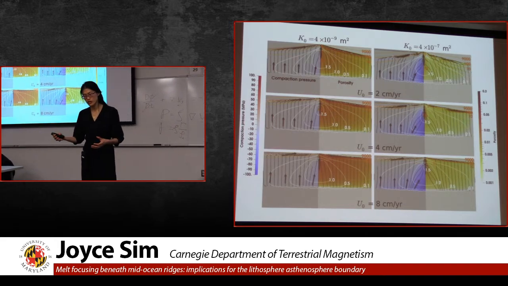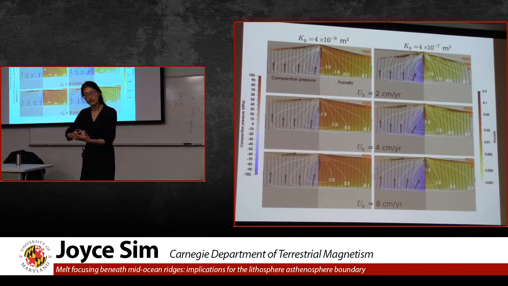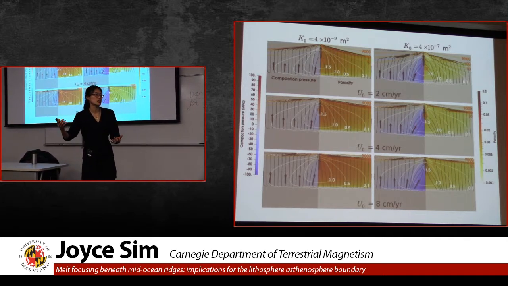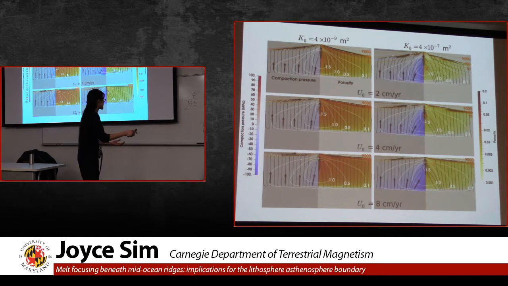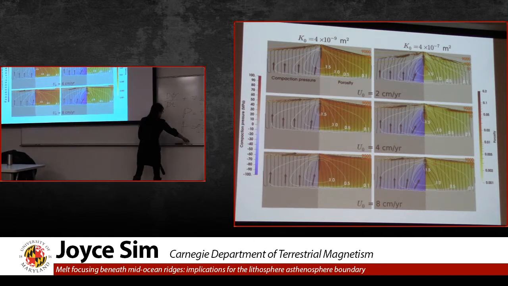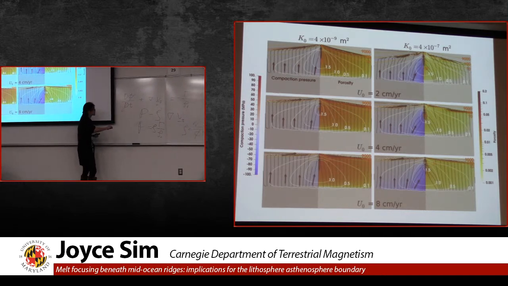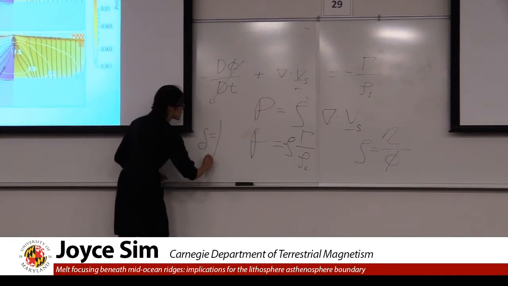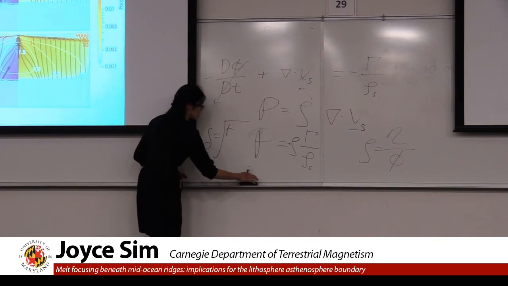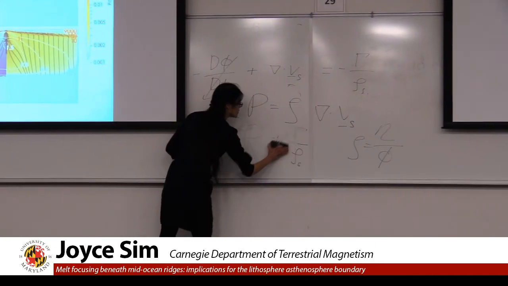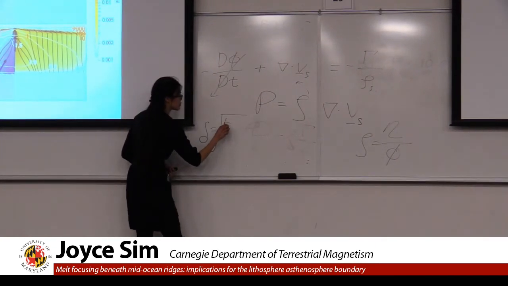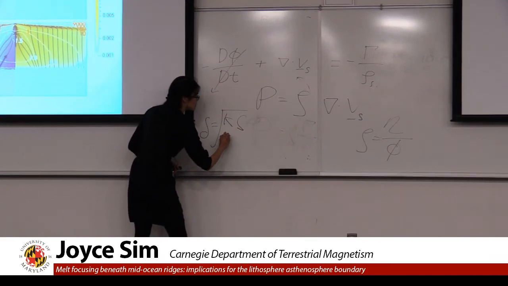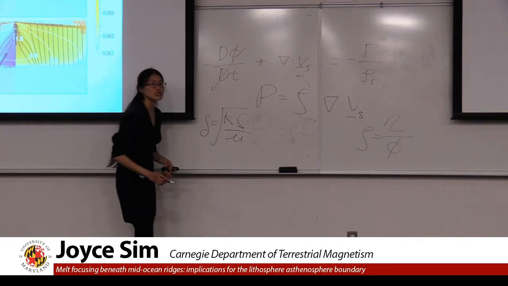And they really occur when your melt flux length scale is at the same length scale as the compaction length. Your compaction length is related to your permeability and your bulk viscosity over your fluid viscosity.